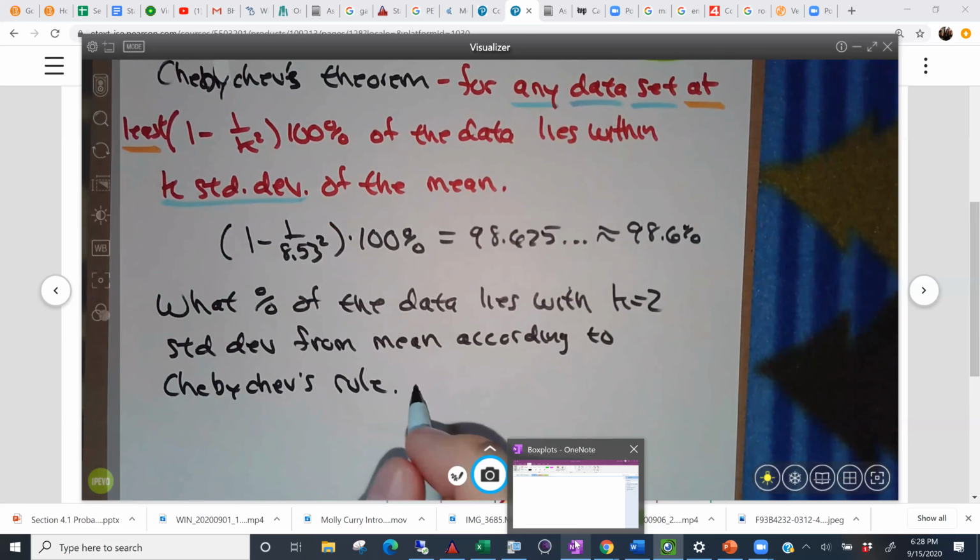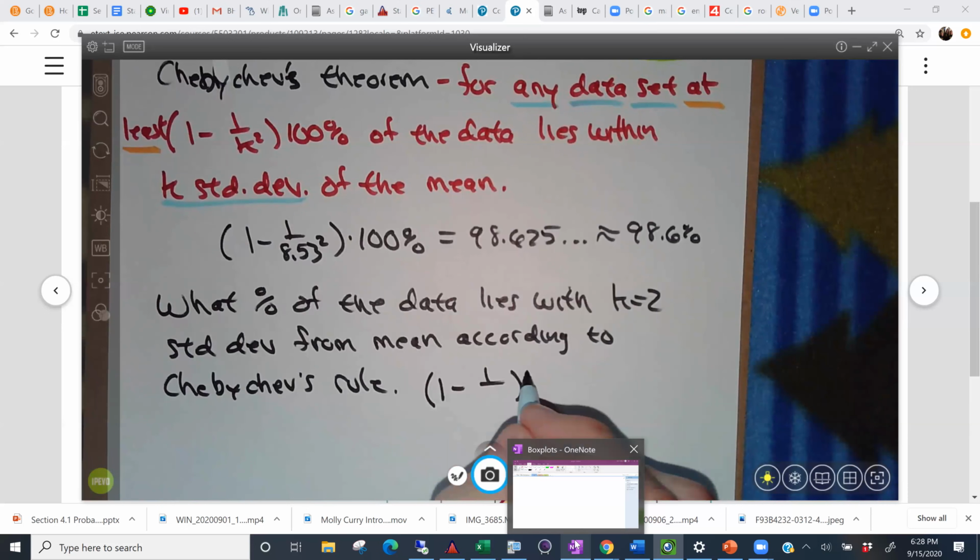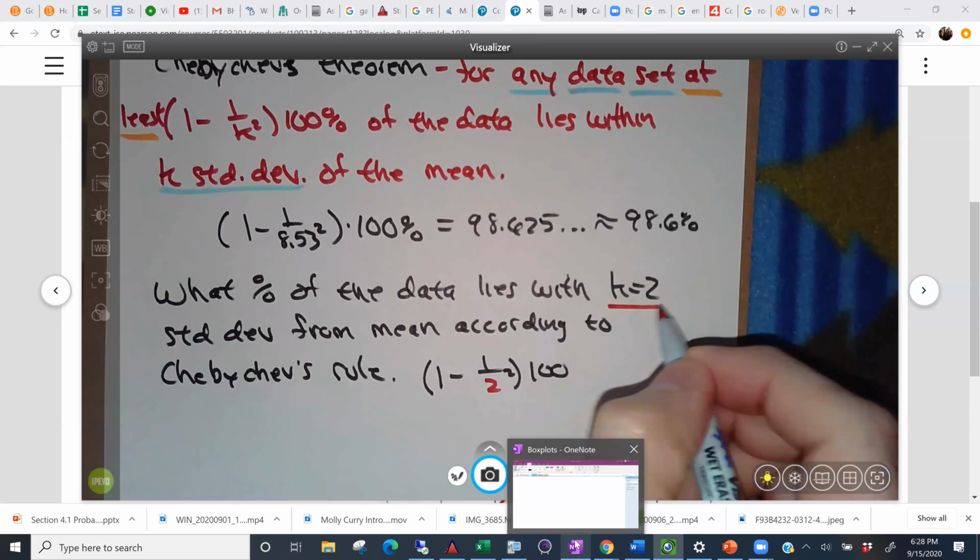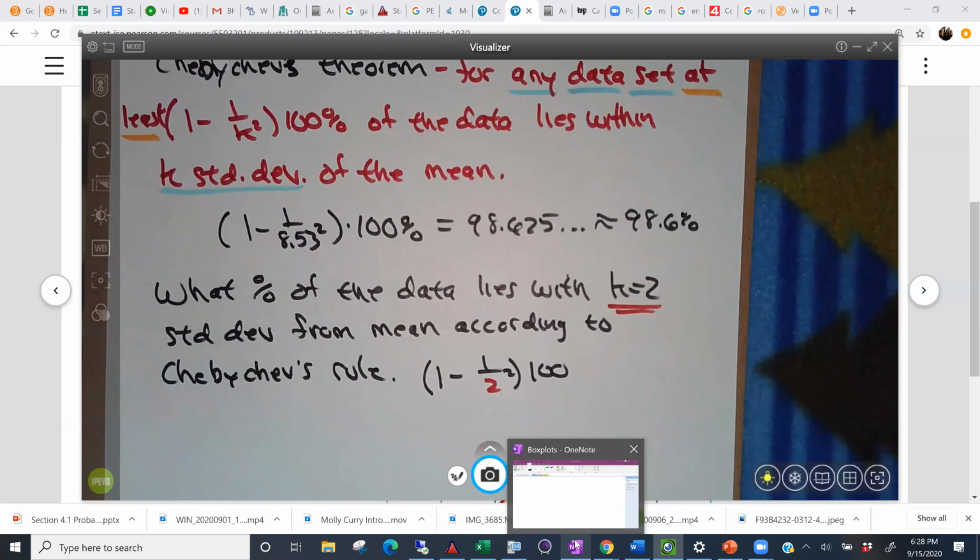So it's going to be 1 minus 1 over 2 squared times 100%. So K is 2 in that case. Now let's stop and think for a second. What does the empirical rule say about 2 standard deviations away from the mean?